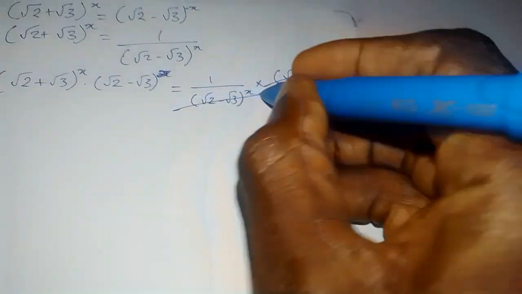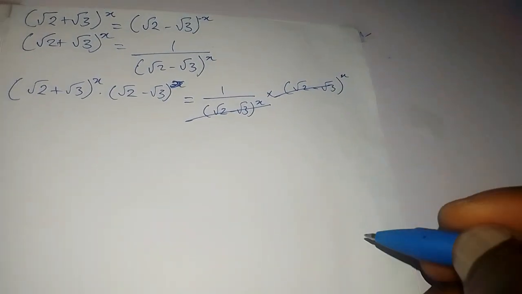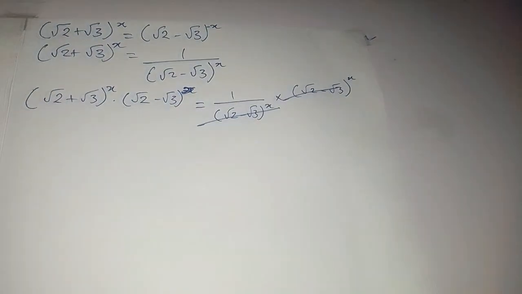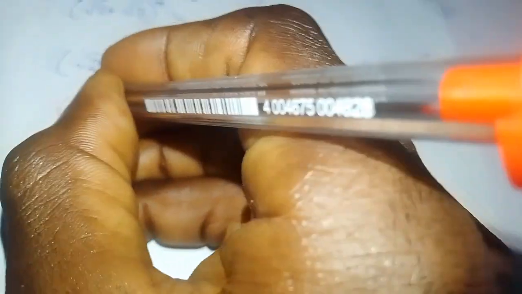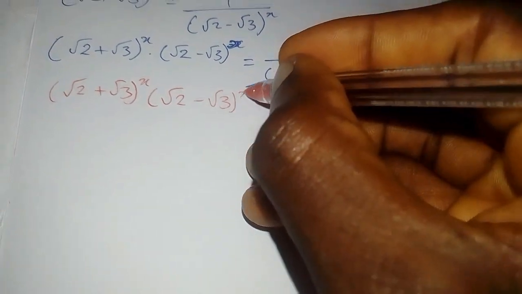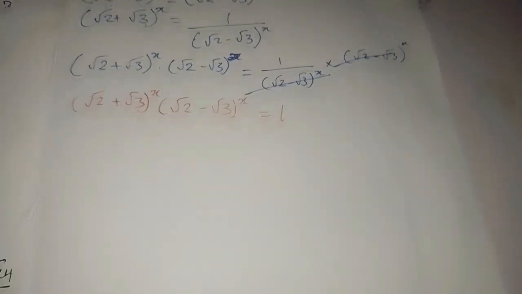From here, this can take away this immediately. So what I'm left with on the left hand side is (√2 + √3)^x multiplied by (√2 − √3)^x equals 1.